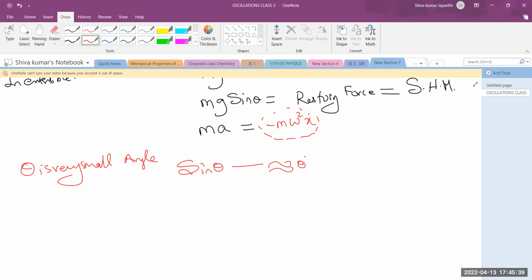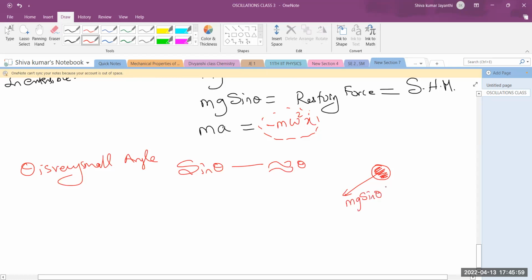This is true. Now you see the bob. It's the metallic ball, on which one force, the restoring force, is there. What is that? Mg sin theta is trying to restore it.